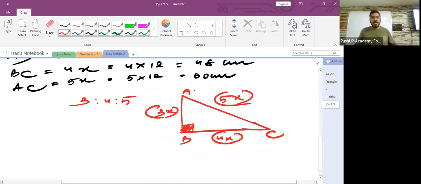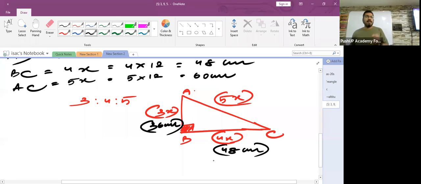All right, children, can you tell me how much was the length of BC, the actual length? I think it was 48 centimeter. How much was the length of AB? 36 centimeter. Now you observe this diagram and the labelings and tell me, if I want to find the area of this triangle, can't I use the formula 1/2 into base into its corresponding height?